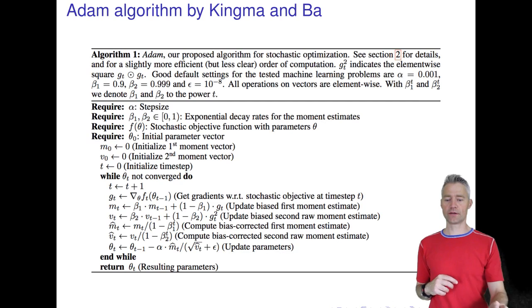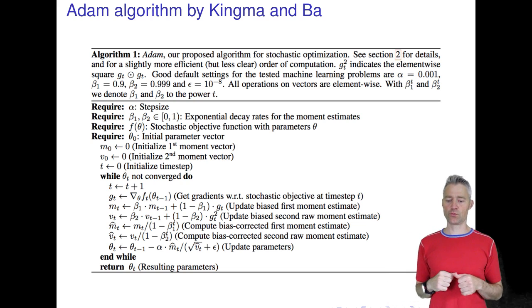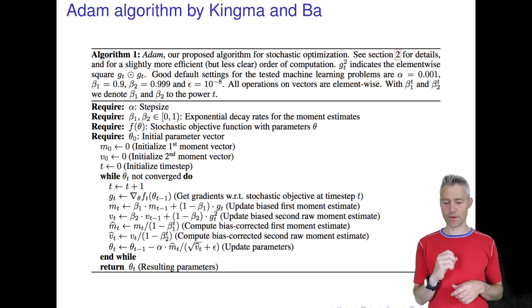So a little bit here in the end about this Adam algorithm. If we scroll down, we can see we have this g_t term, which is the gradient of the cost function of the mini batch I talked about before.